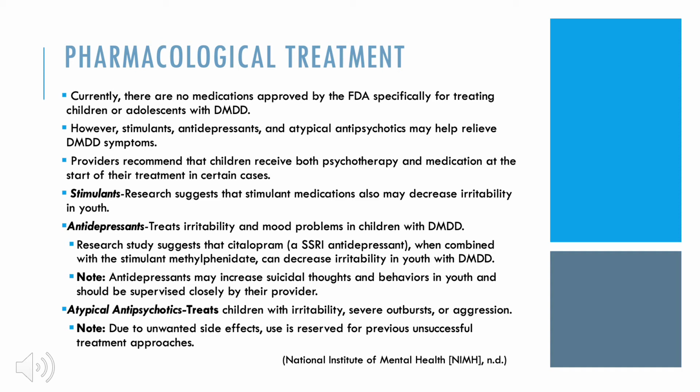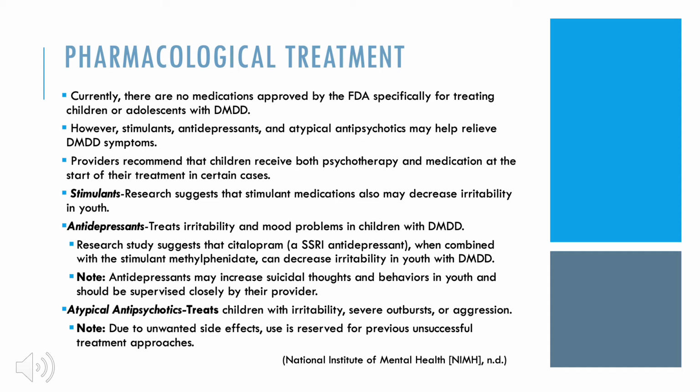However, stimulants, antidepressants, and atypical antipsychotics may help relieve symptoms of DMDD. If medication therapy is warranted, providers recommend that both psychotherapy and medication are started simultaneously in certain cases.